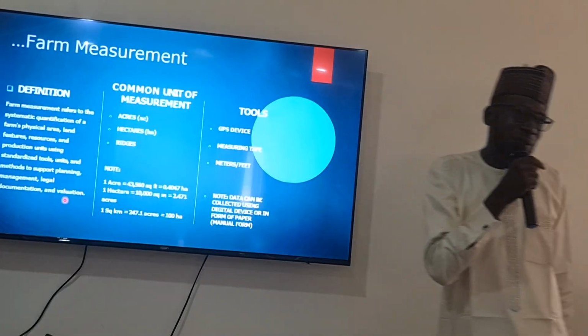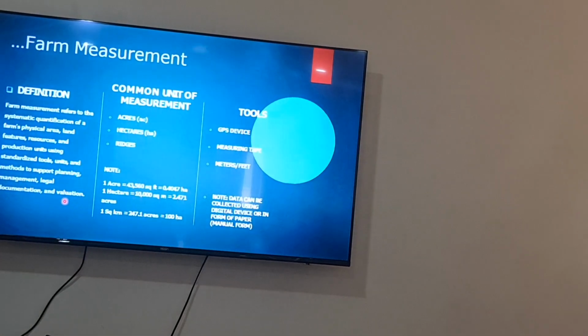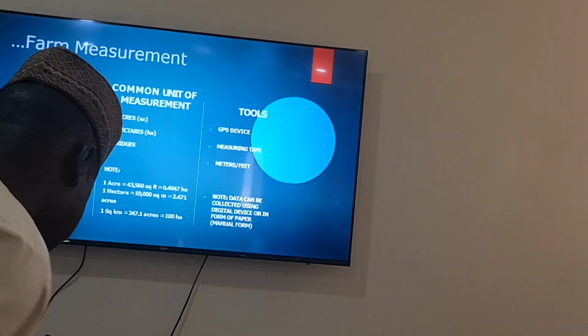That's farm measurement. Just measure a farm. Now, we know what plot means. Usually, they define plot as a continuous piece of land where one or more crops is grown. That's plot.